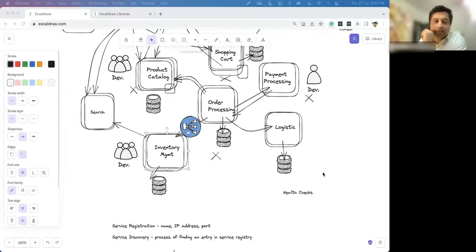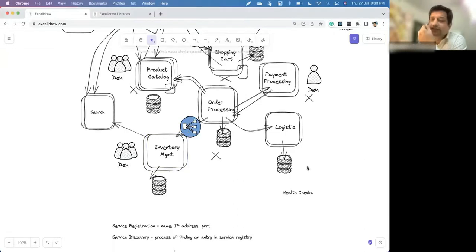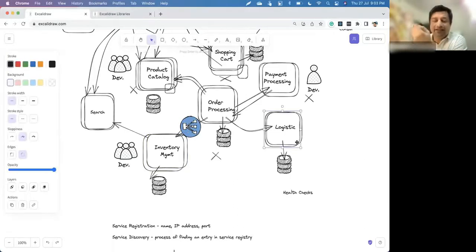Assume you are working on a logistics service. You kill one server instance and you add more instances. You don't have to communicate this to everyone else, because if there are 10 different services consuming you, you don't have to tell each of them that you're changing your port or your host name.